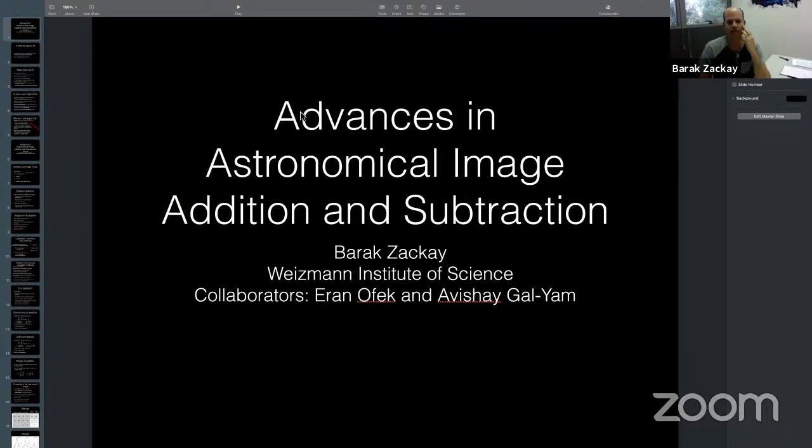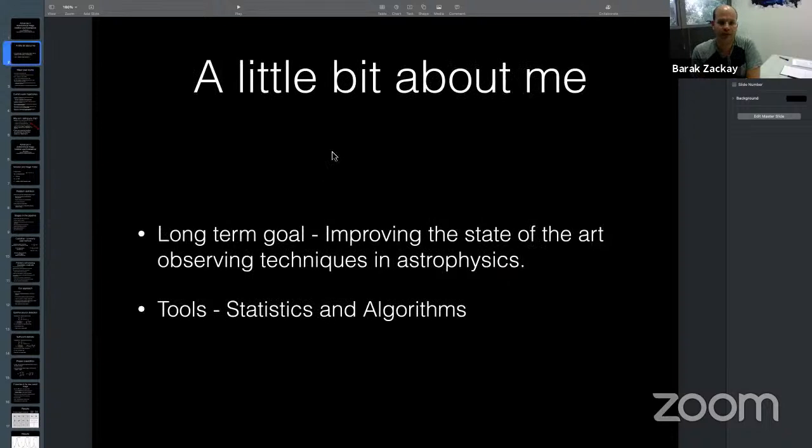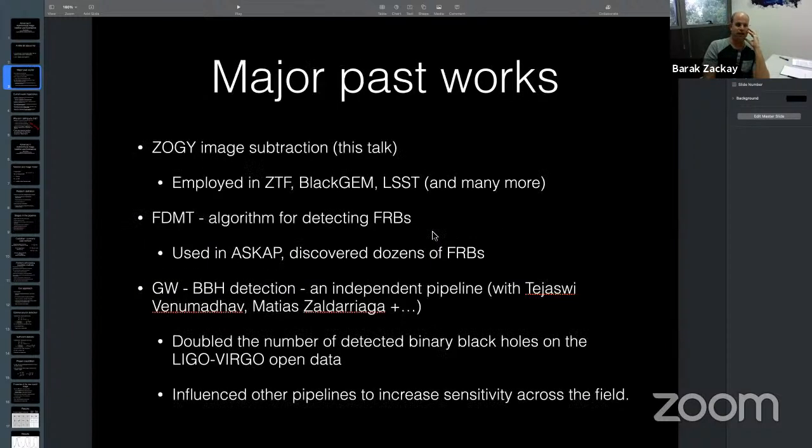So today I'll talk about advances in astronomical image addition and subtraction. Now a little bit about me. I'm doing astrophysics, but my major tools are statistics and algorithms. And the long-term goal is to improve the state-of-the-art observing techniques in astrophysics across the board. So I'm really working on many different fields.